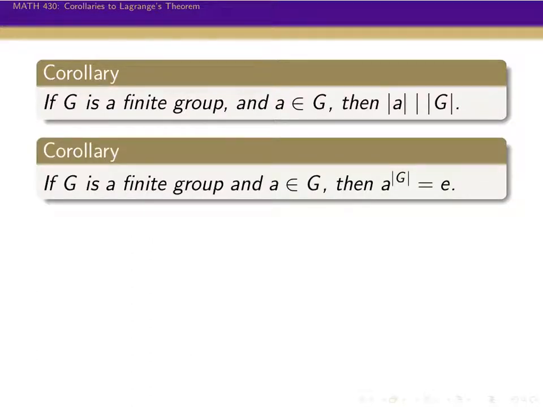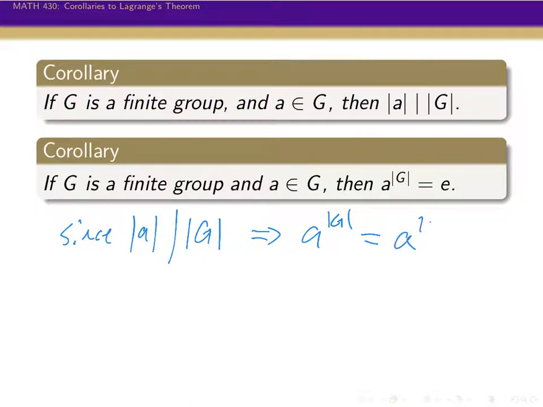What this then means is that if G is a finite group and A is in G, then if you raise A to the order of G, you are going to get the identity. And this comes from the fact that, by the previous one, since the order of A divides the order of G, then if you look at A to the order of G, this is going to equal A to the order of A raised to some kth power, and A raised to the order of A is the identity.